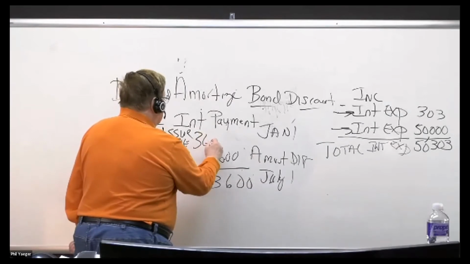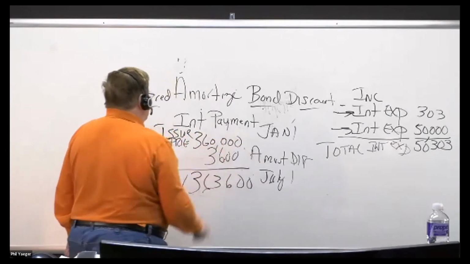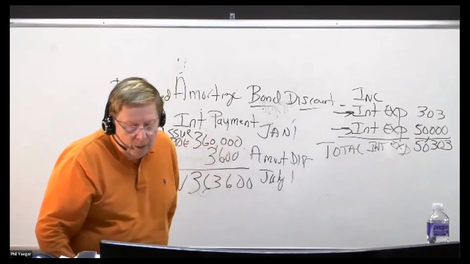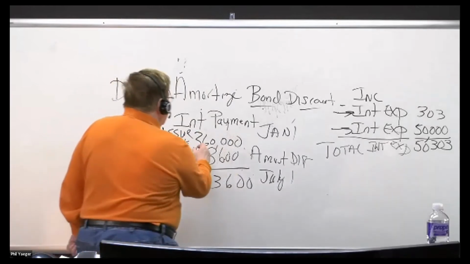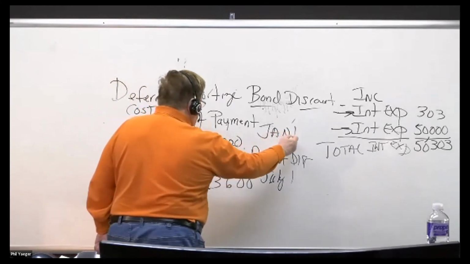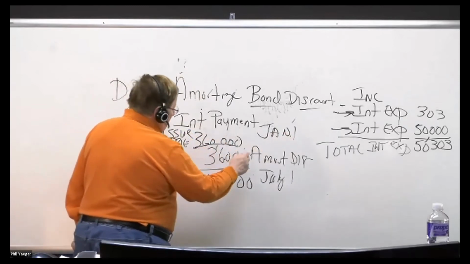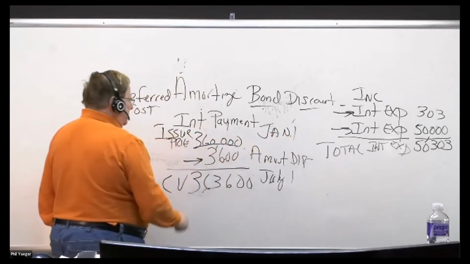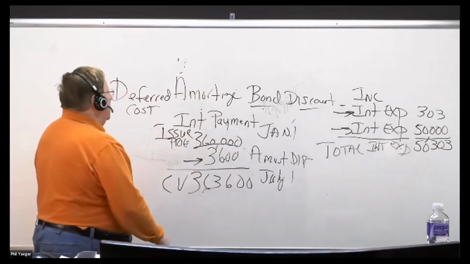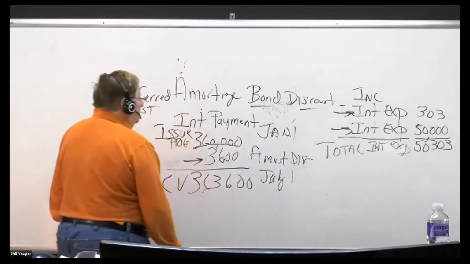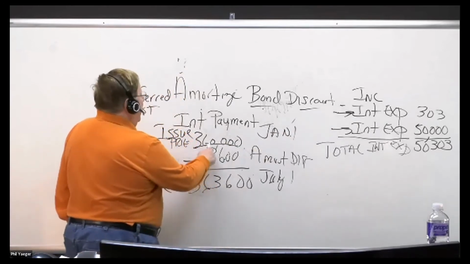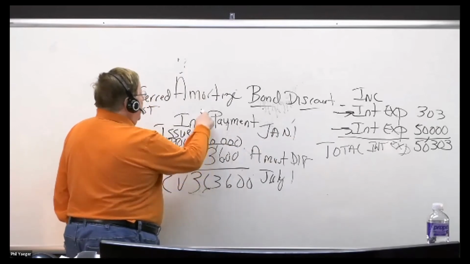Why? Because of the issue price on January 1st. We amortized some of the discount on July 1st. It was $3,600. Remember, I told you, when it's sold at a discount, the amount of the amortization of the discount increases the carrying value each period.